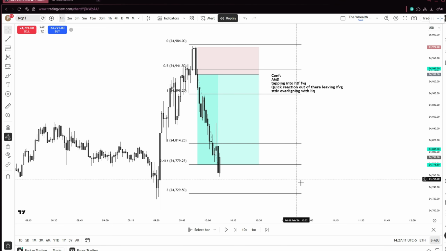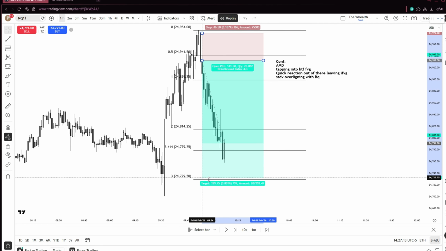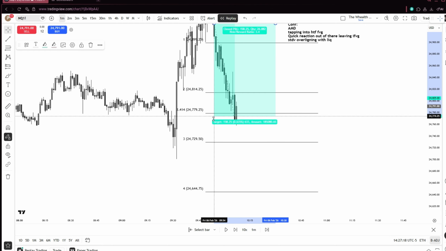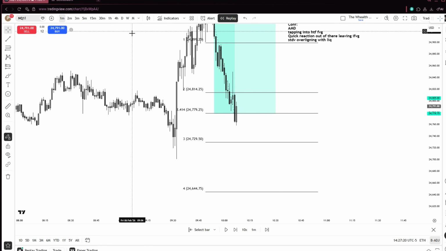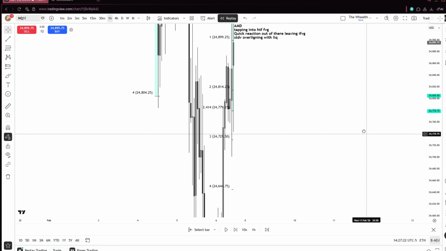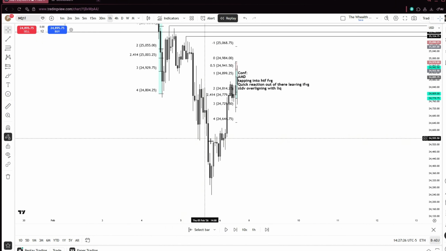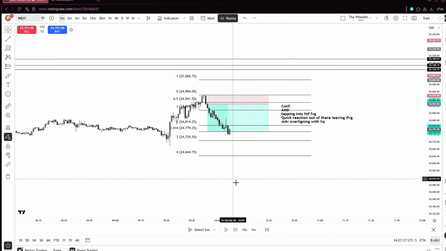I took it to the 2.414 and not all the way down here because, switching to hourly, we were reacting out of this fair value gap and we're just pretty bullish. It inversed this gap and just pumped straight up. I was pretty sure this accumulation manipulation would now get to the distribution part, so I was pretty bullish.